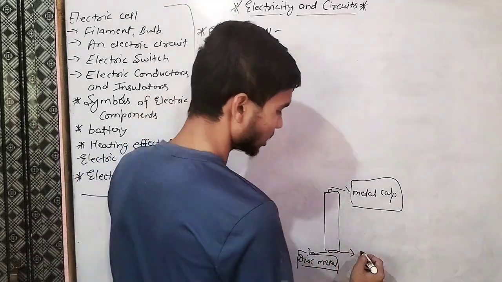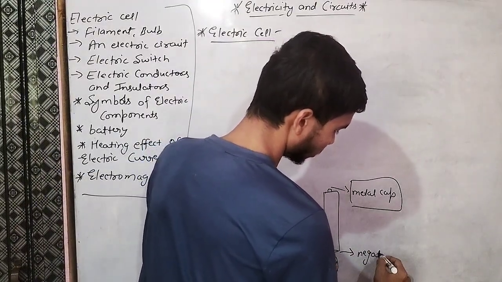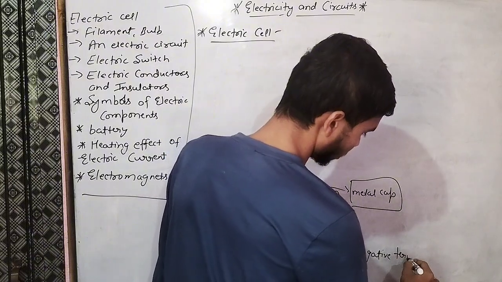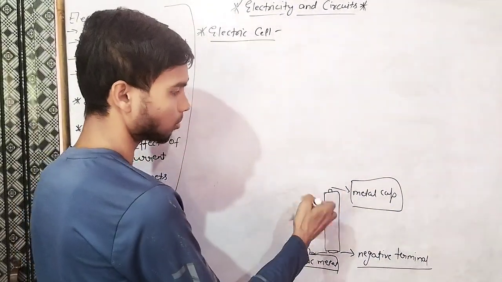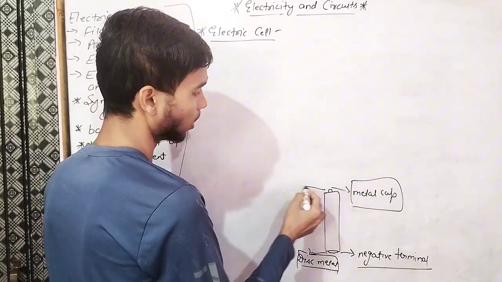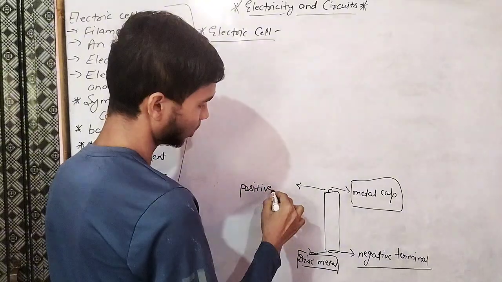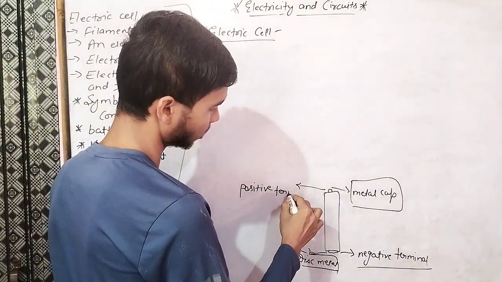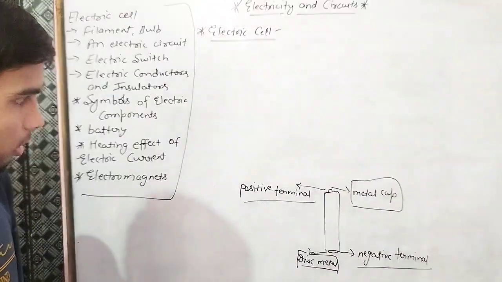So this side is the negative terminal, and this metal cap indicates the positive terminal. Clear?